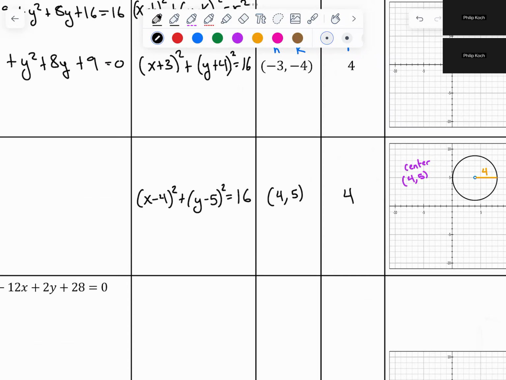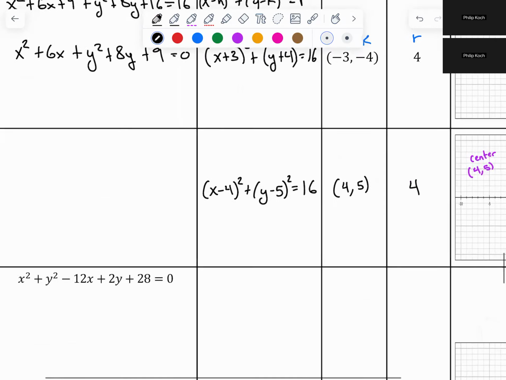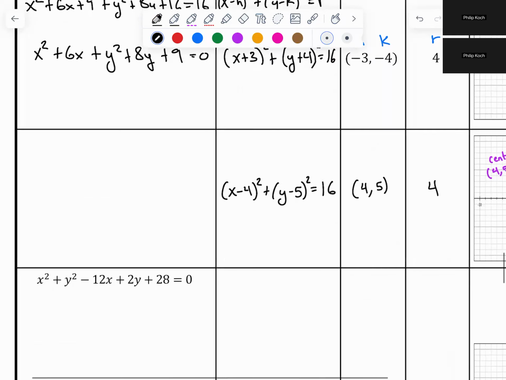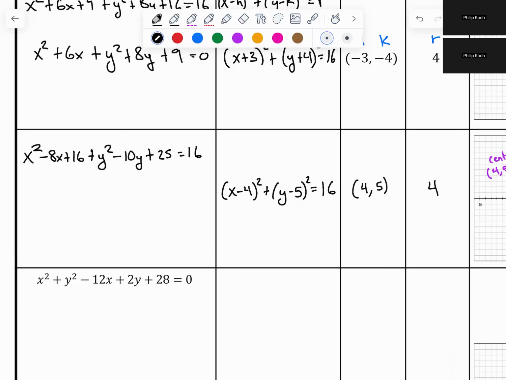You should get x minus 4 quantity squared plus y minus 5 quantity squared equals 16. So remember your radius is 4, so that means that r squared is 16. And then foiling it out, all of our fun algebra practice, x squared minus 8x plus 16 plus y squared minus 10y plus 25 equals 16.